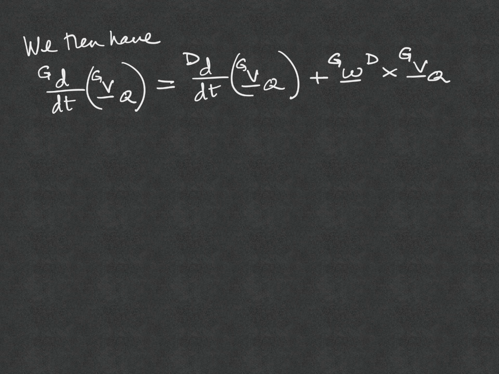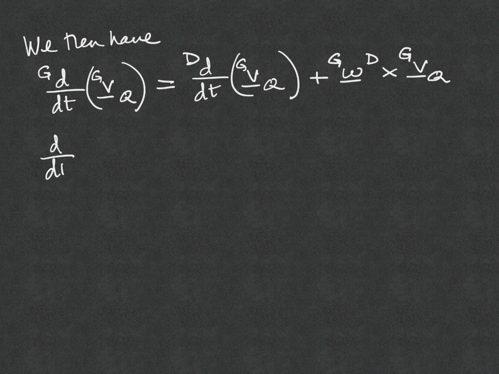This time we're taking the rate of change of the velocity of Q in G. So as a result, in all three of these slots is the same vector, the velocity of point Q as viewed by an observer fixed to the ground. But in this case, it's a little more complicated because this first term in the transport theorem is not zero. So let's look at it.